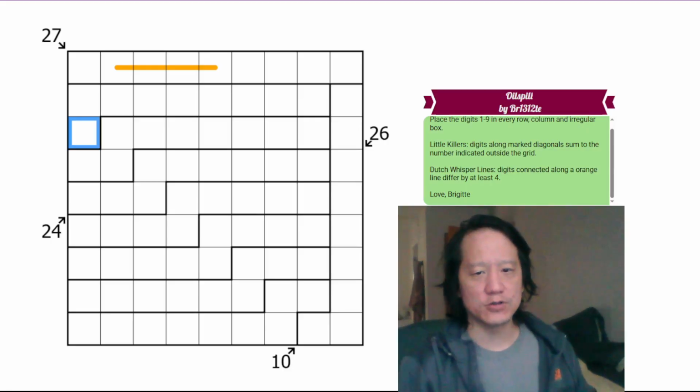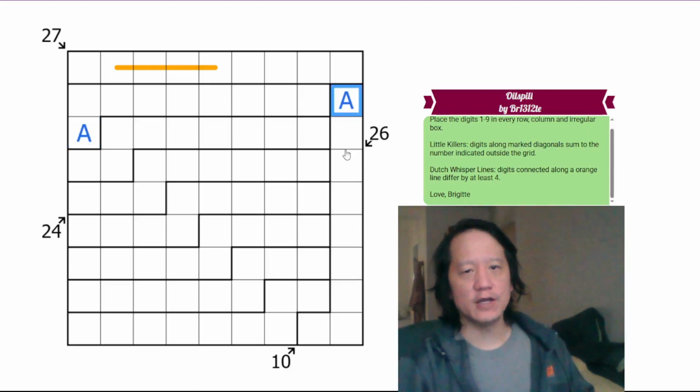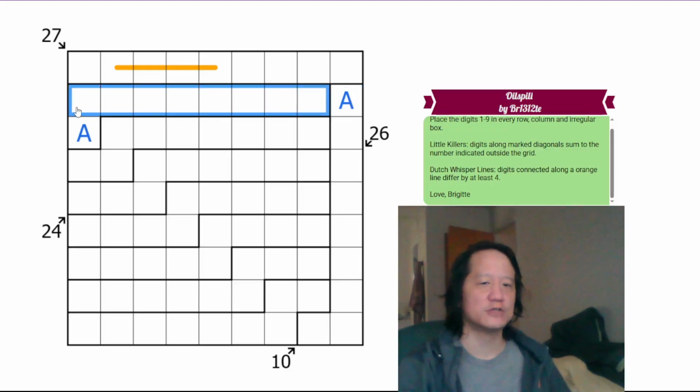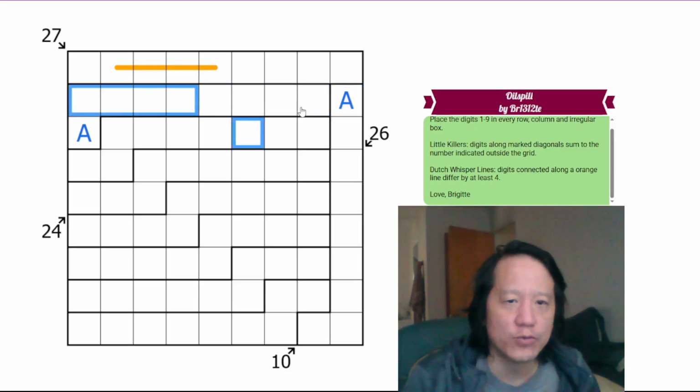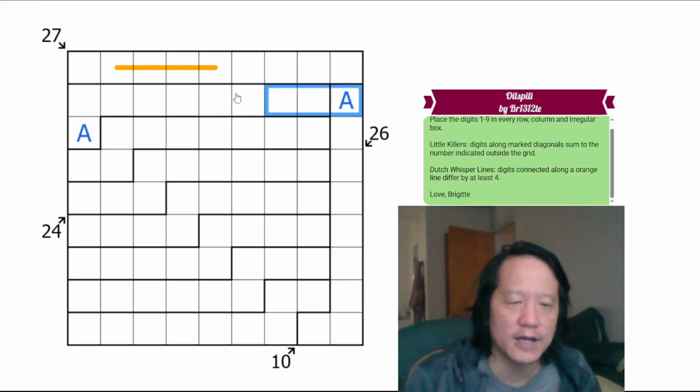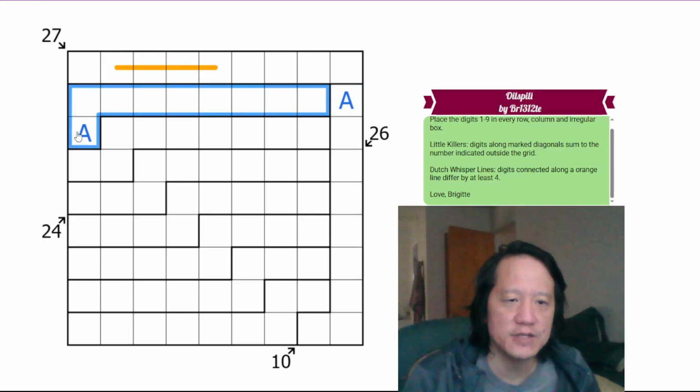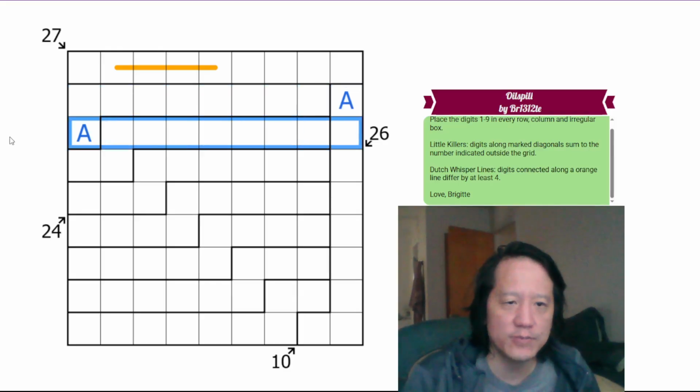So we're going to mark them with letters. So we have A and A here, right? Because these digits are the same. Therefore we can remove all of those digits, and these are the digits 1 through 9. These must be the same, so therefore these cells are the same. Same with this one.